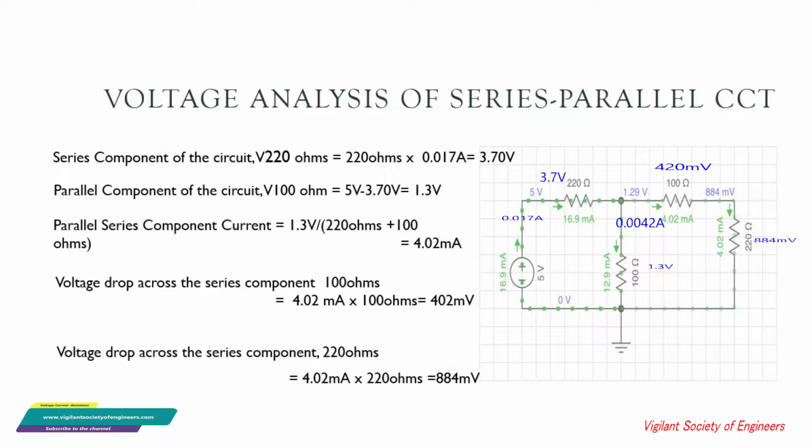So we're going to find the current through the 220 ohm plus the 100 ohm resistors.